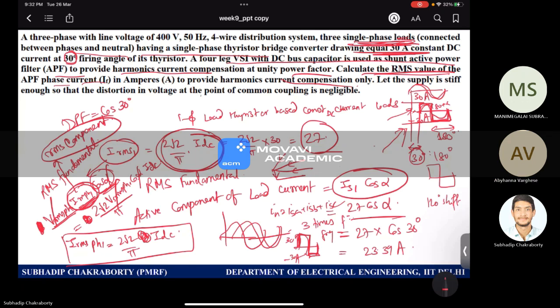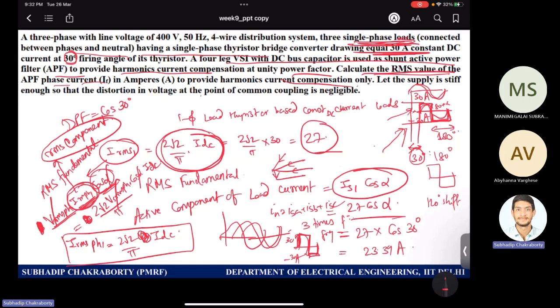So what is the filter current? Filter current is nothing but Is square minus Is1 square. So do you know the value of Is?